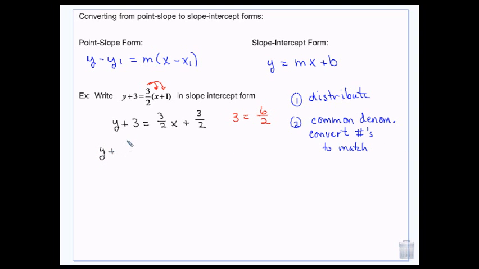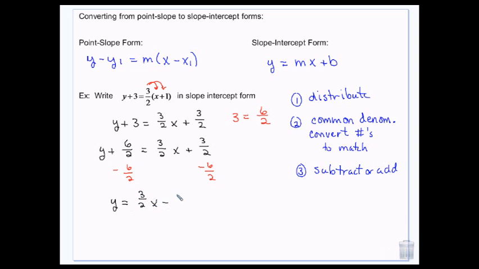So y plus 6 halves is equal to 3 halves x plus 3 halves. And then I subtract or add. And we are now in slope-intercept form.